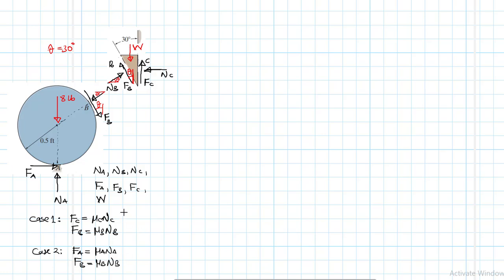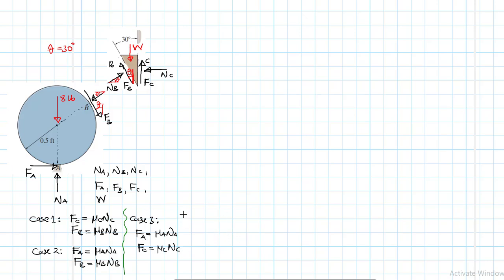And then finally, we have case number 3. Case 3 is we are assuming that we have impending motion at A, therefore FA equal to mu A times NA, and we are also assuming that we have impending motion at C, therefore we have FC equal to mu C NC.